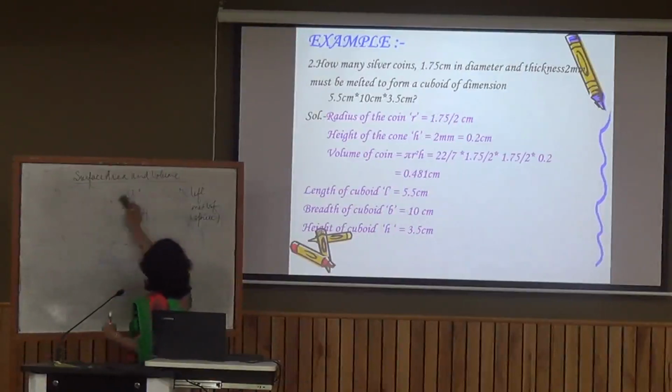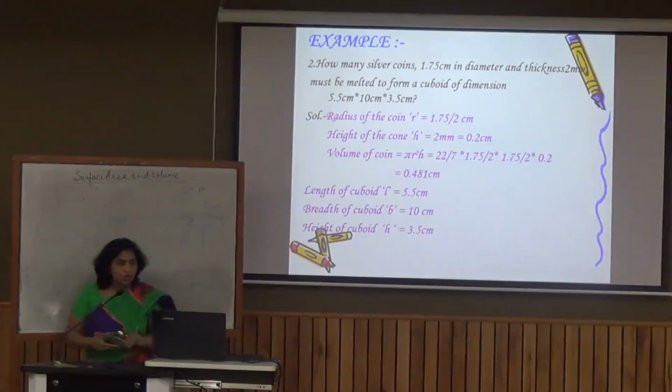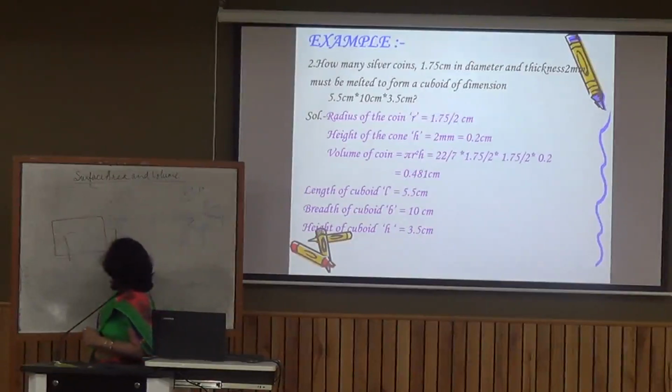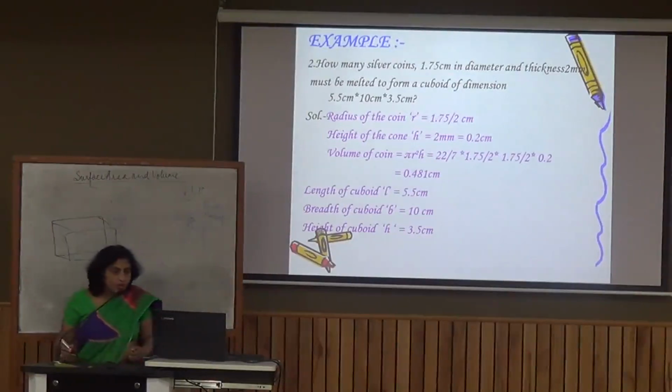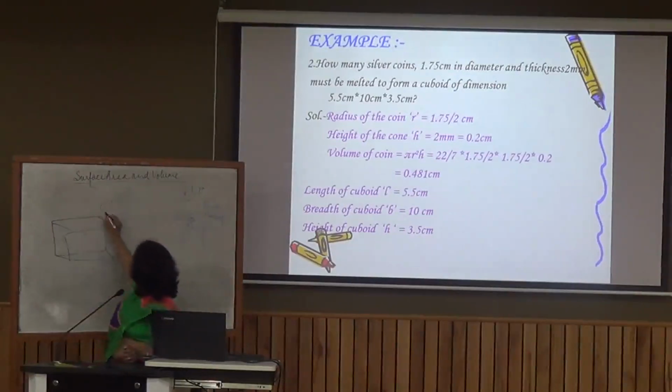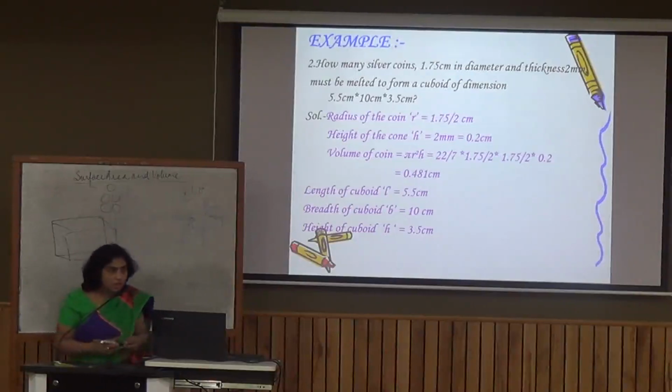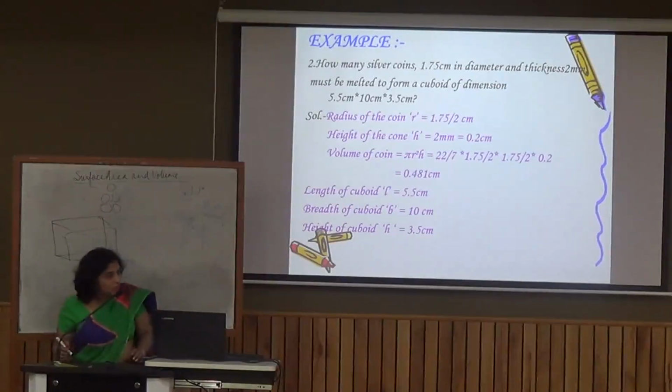So we are using a certain amount of coins to melt and make a cuboid. This cuboid is being made by melting certain coins. So the shape of coins is considered as a cylinder. Then another shape is cuboid.